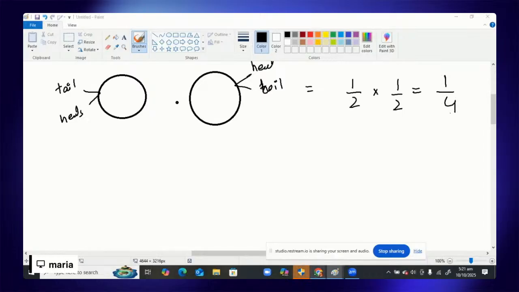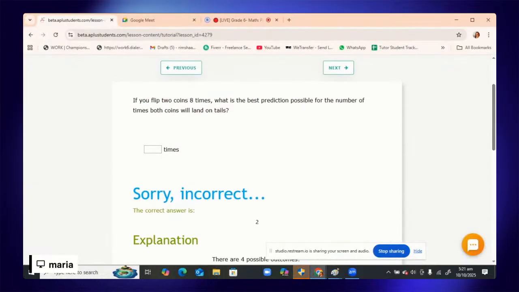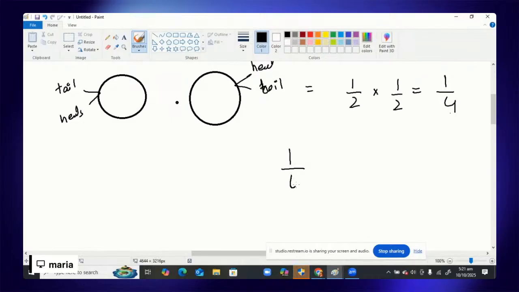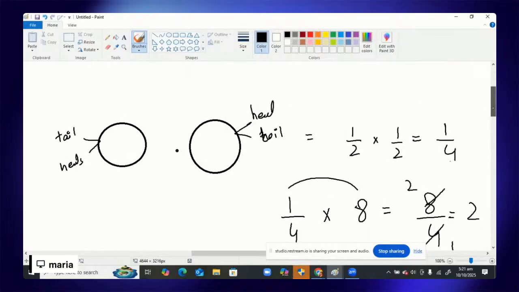That is 1 by 4. Now what do we do? They are saying that you are going to do it how many times? 8 times. Times means multiply, so you just multiply 1 by 4 times 8. Top numbers are multiplied with each other, 8 over 4. Now 4 times 1 is 4, 4 times 2 is 8. So the answer is 2.